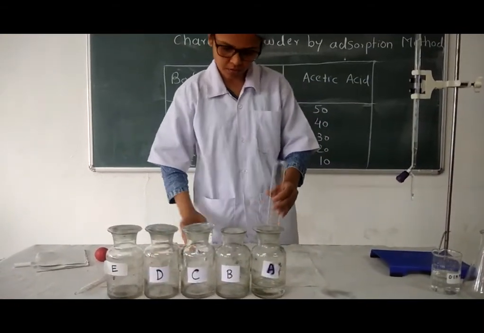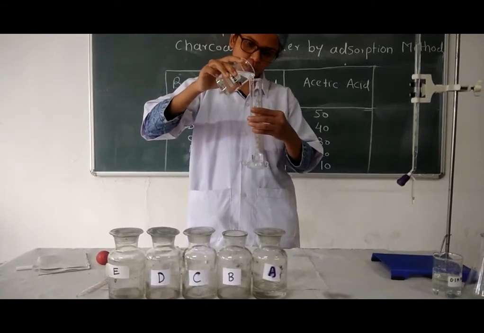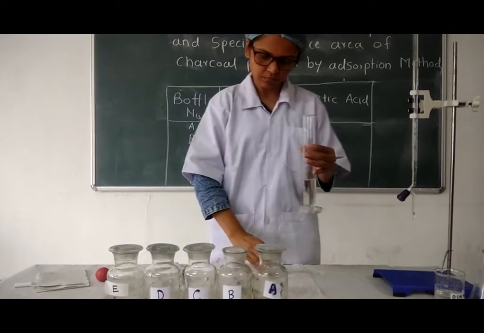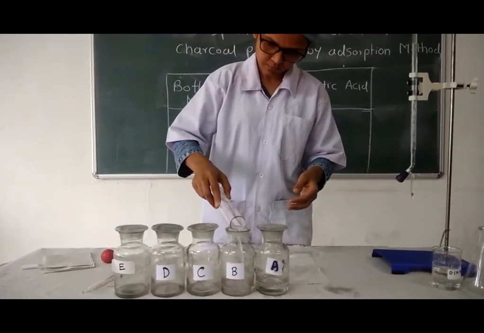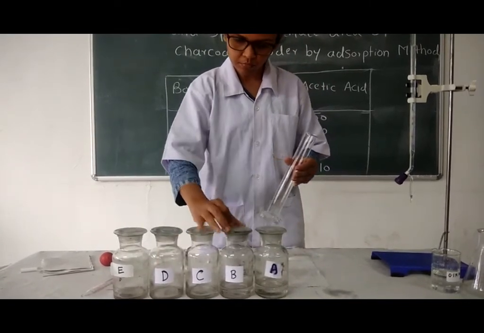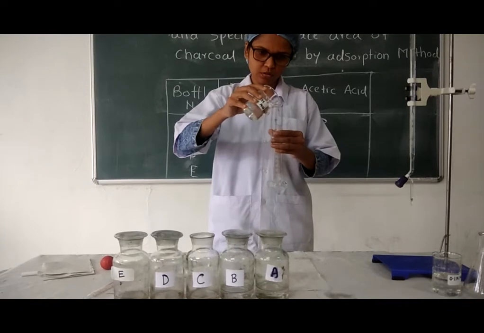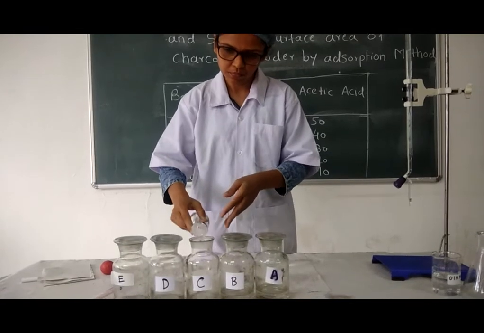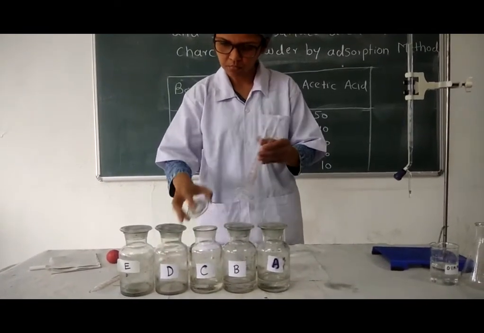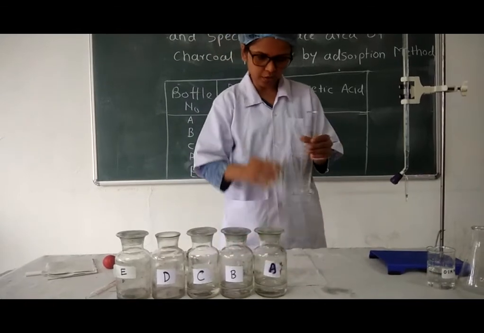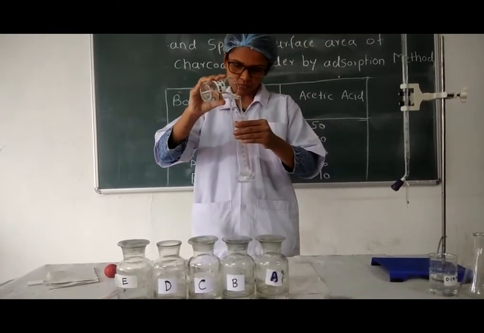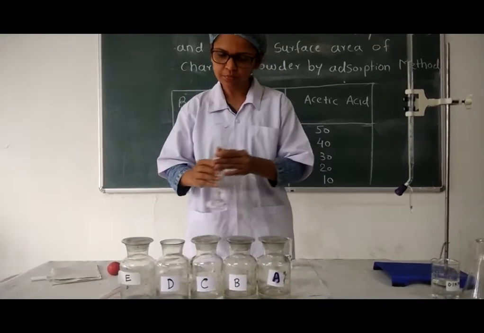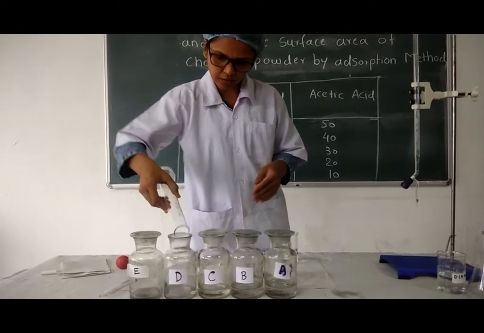So in bottle B, add 40 ml acetic acid. Bottle C, 30 ml. Into bottle D, 20 ml acetic acid I am adding, and into bottle E, I am adding 10 ml.